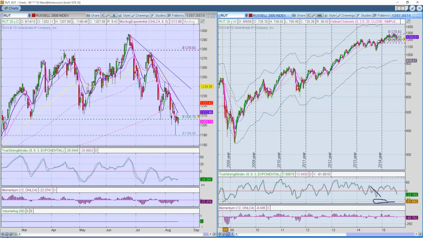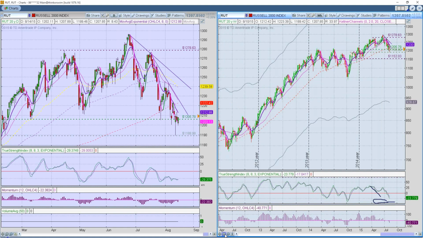And here's the big down period from last year. It was down about negative 65 on the TSI, and then we get a nice positive divergence here before it hit the absolute low there in October. So study the October lows to see if what's going on in the market right now is looking similar.